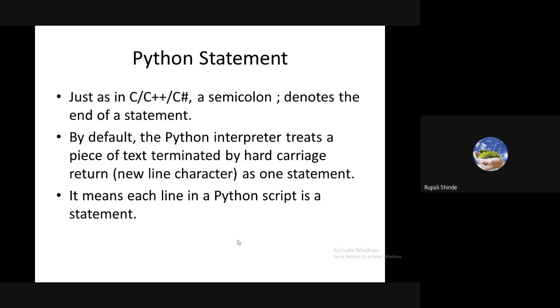Normally, whenever we write a Python program in the Python interpreter and hit the enter key, that first statement is considered a single complete statement, and the cursor goes to the next line. Hitting the enter key indicates the end of the statement.